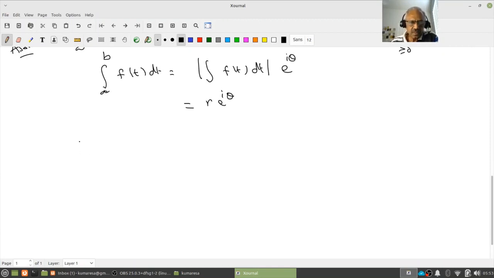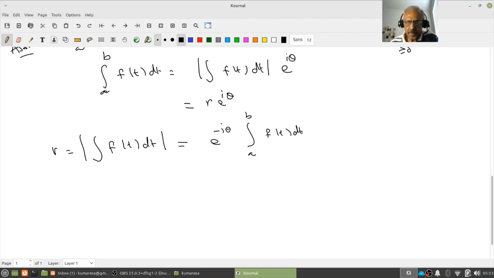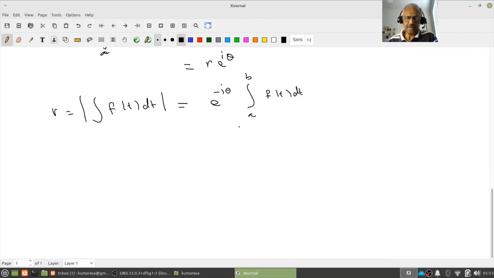Therefore r, which is the modulus of the integral, remember the modulus is outside, is nothing else than e power minus i theta times the integral from a to b of f(t) dt. Multiply this. Is that clear? Now this is a gold mine.